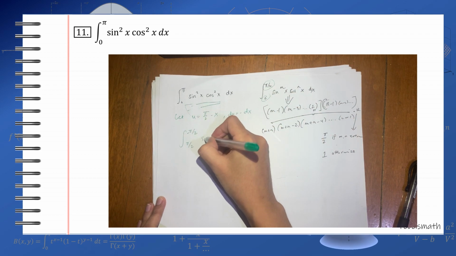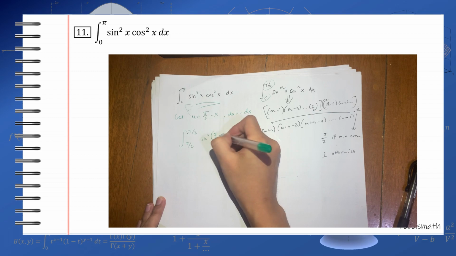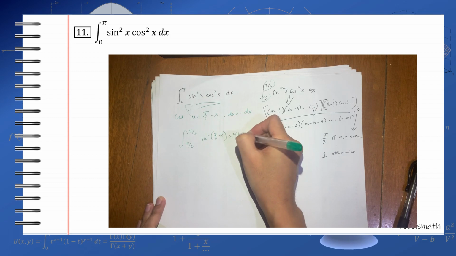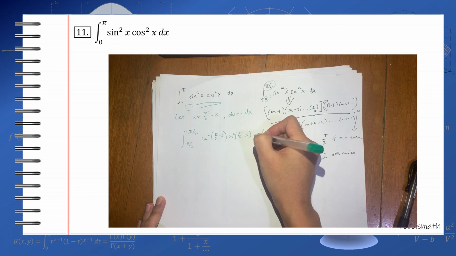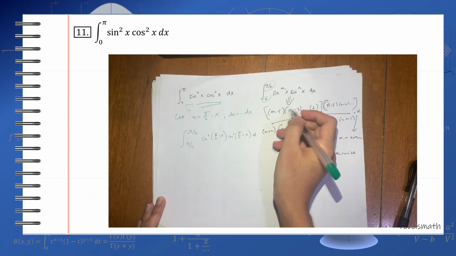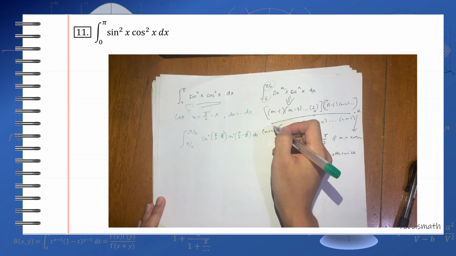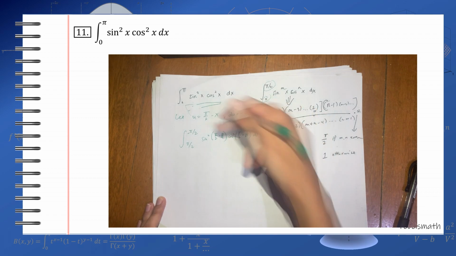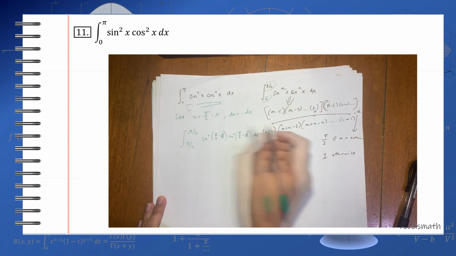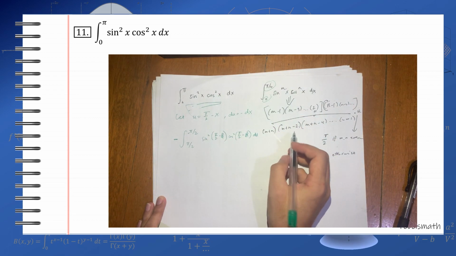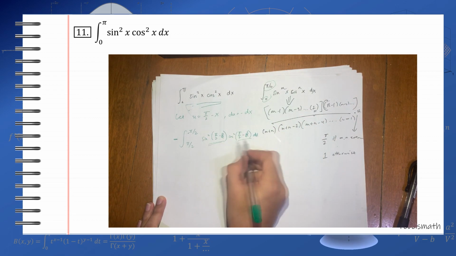This becomes sine squared of pi over 2 minus x times cosine squared of pi over 2 minus x times negative du. Let's just make this u, and interchange u and x, that's fine. Let's put the negative sign here.